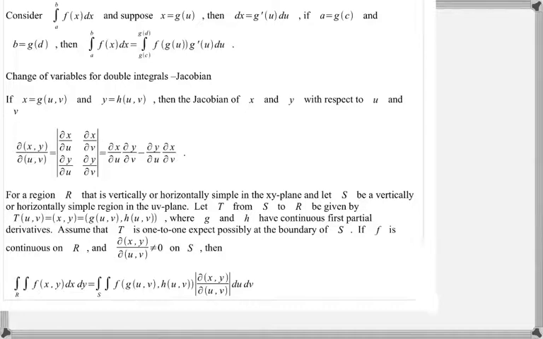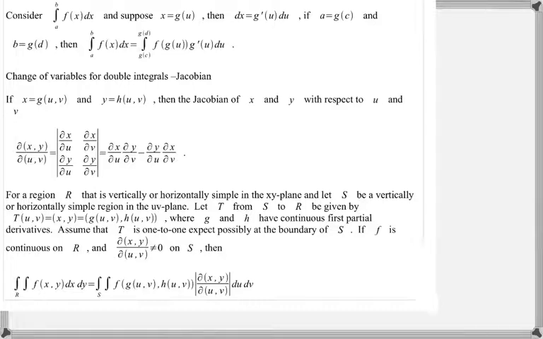If a is equal to g of c and b is equal to g of d, then the integral from a to b of f of x dx is equal to the integral from c to d of f of g of u times g prime of u du. And so this would be your u substitution with a change of variables. And so the last example we did is similar to this, other than we didn't have a definite integral. So the g of c and the g of d are going to be your change of variables. Okay? All right.